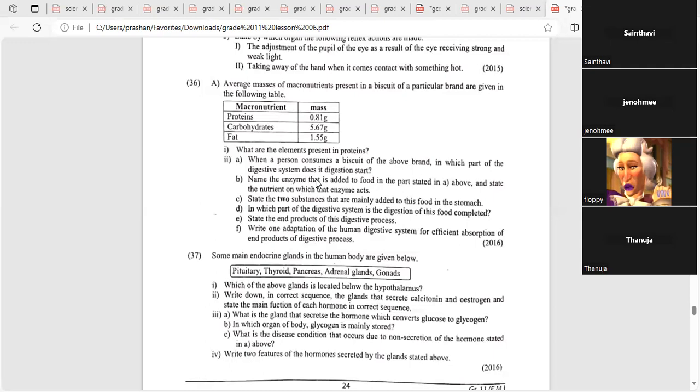You can write those features. The small intestine is very long, around 7 meters.